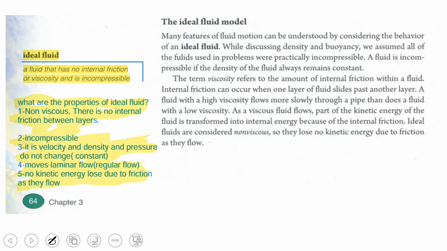Okay, students, we have another topic which is called the ideal fluid. We finished the fluids flowing. There were two types of flow, regular and irregular. We explained all. The second topic on this page is called ideal fluids. What is an ideal fluid?